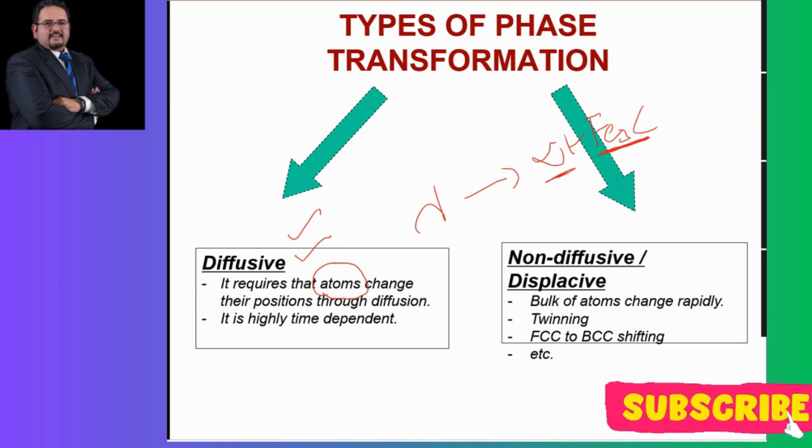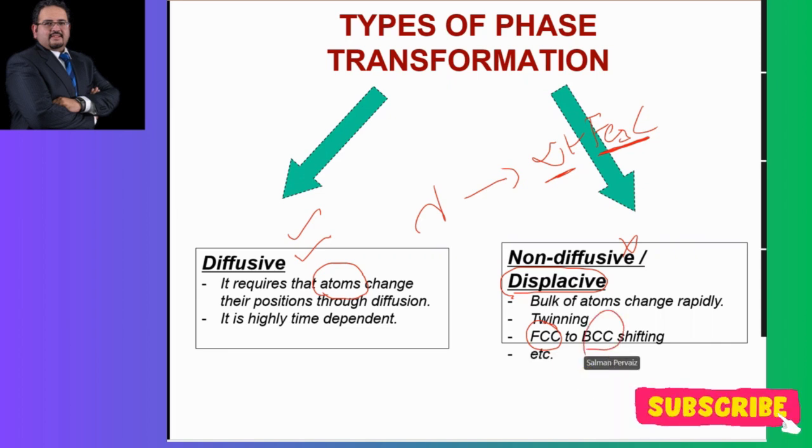Then there is another type of phase transformation that is called displacive. Displacive means there is no diffusion, but because of some pressure, some applied force, the atoms will suddenly change their position from one place to another, or suddenly change the crystalline structure, for example, from FCC to BCC, right?